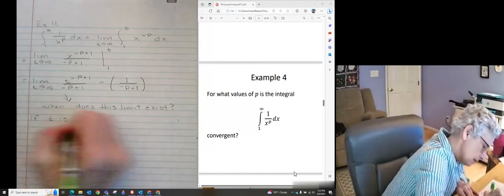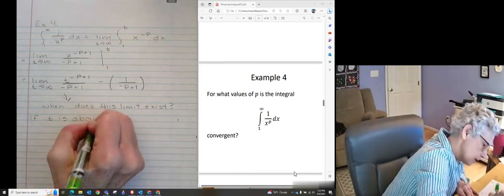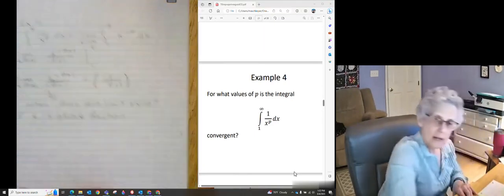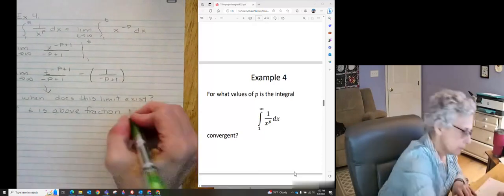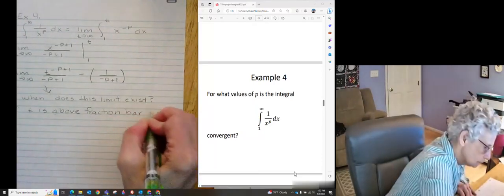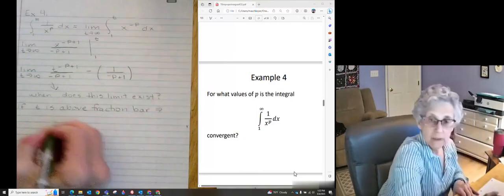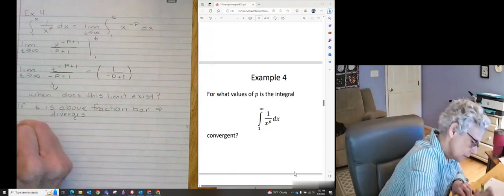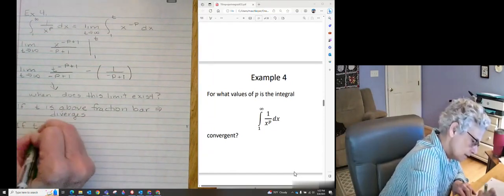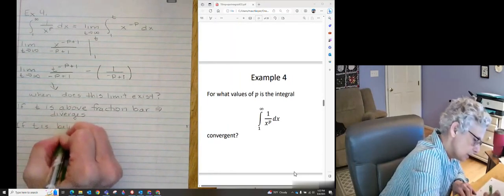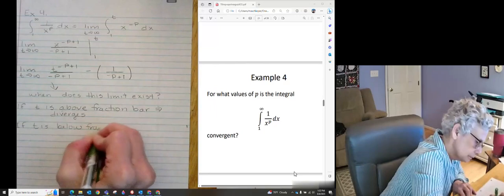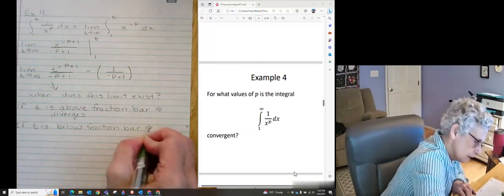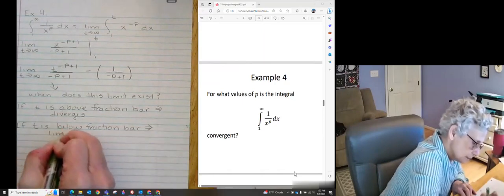If t is above the fraction bar, and what does that exponent need to look like for it to be above the fraction bar? Then it diverges. If t is below the fraction bar, then that limit is equal to 0.